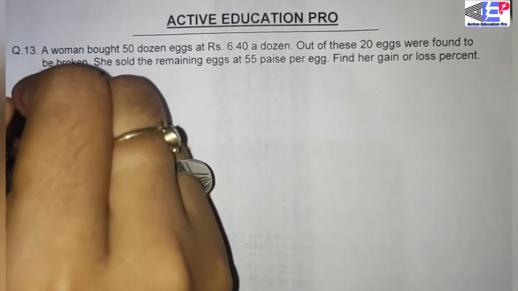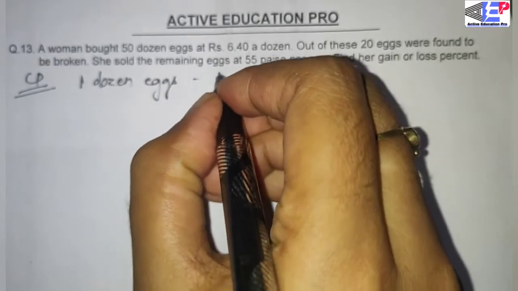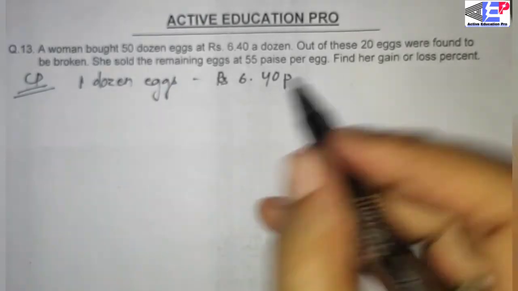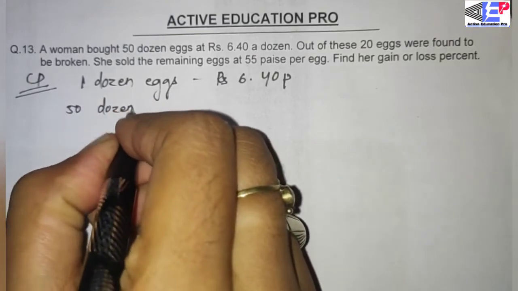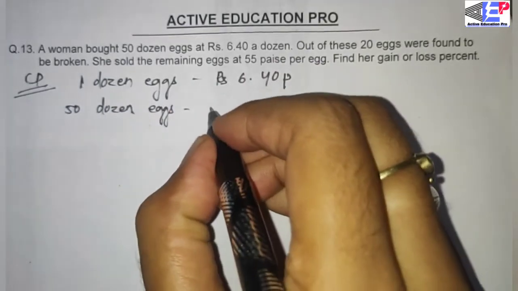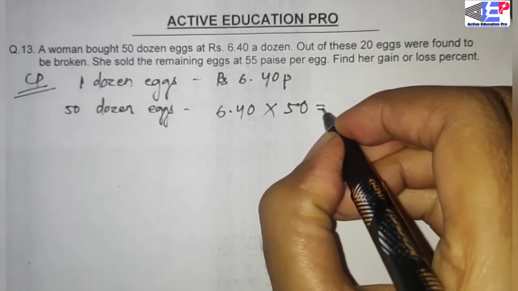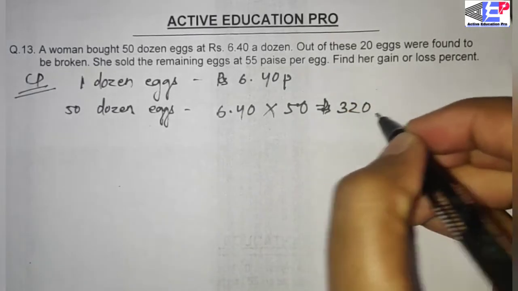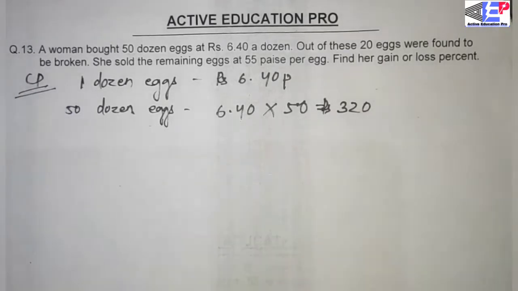For 50 dozen eggs, the value is multiplied by the number of dozens. 6.40 into 50 is equal to 320 rupees. This is the cost price of 50 dozen eggs.